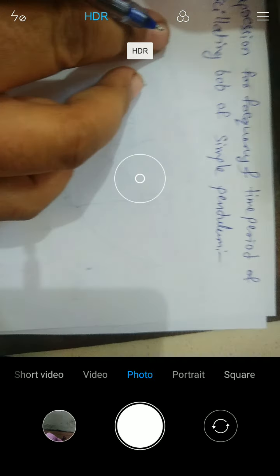Okay, we'll see the expression for frequency and time period of an oscillating bob of a simple pendulum.